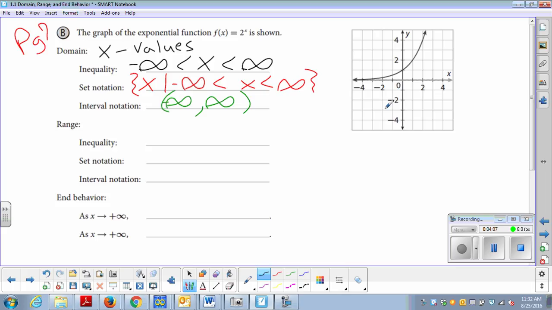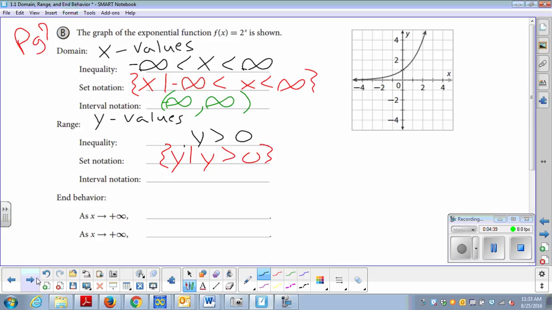It's going to come close to one specific y value, which is 0. So the y values, which is the range, is y is greater than 0. So y is going to be greater than 0 all the way up here, but not less than 0. The set notation, which is similar, is going to be y such that y is greater than 0.